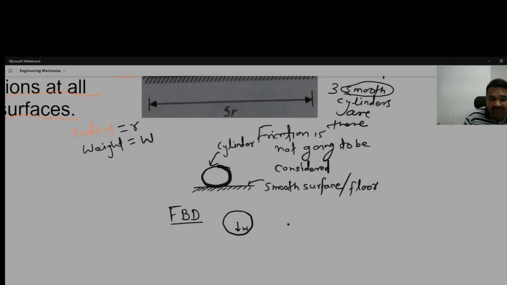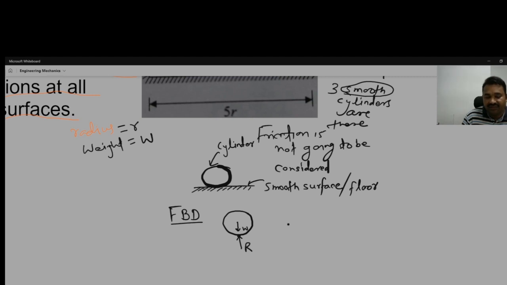After removing the smooth surface, free body diagram means removing the supports. So after removing the supports, there will be a reaction R, a vertical line, at the contact point.